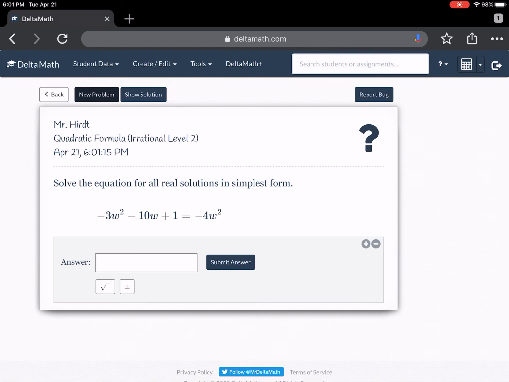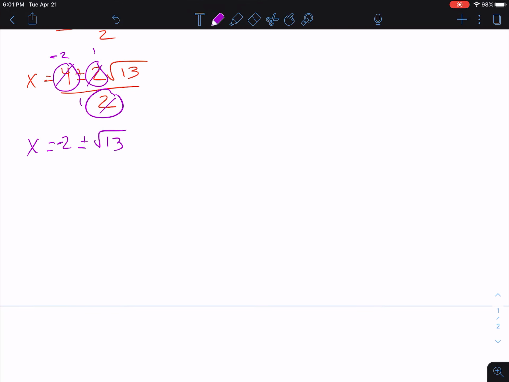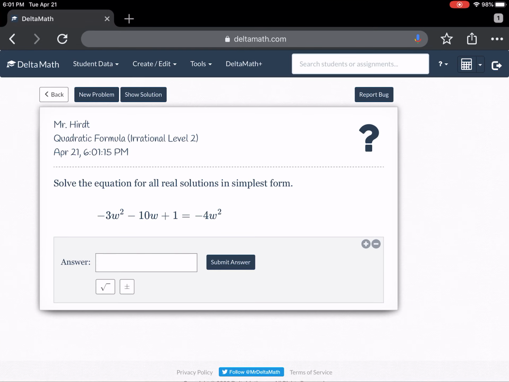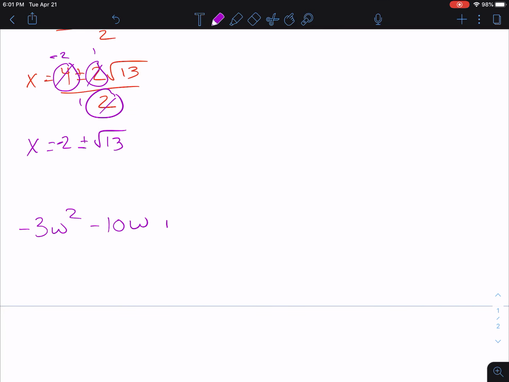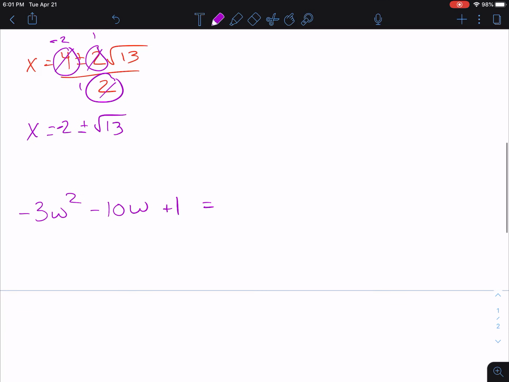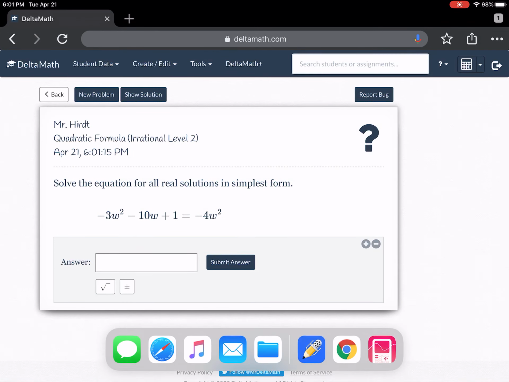So negative 3w squared minus 10w plus 1 equals negative 4w squared.